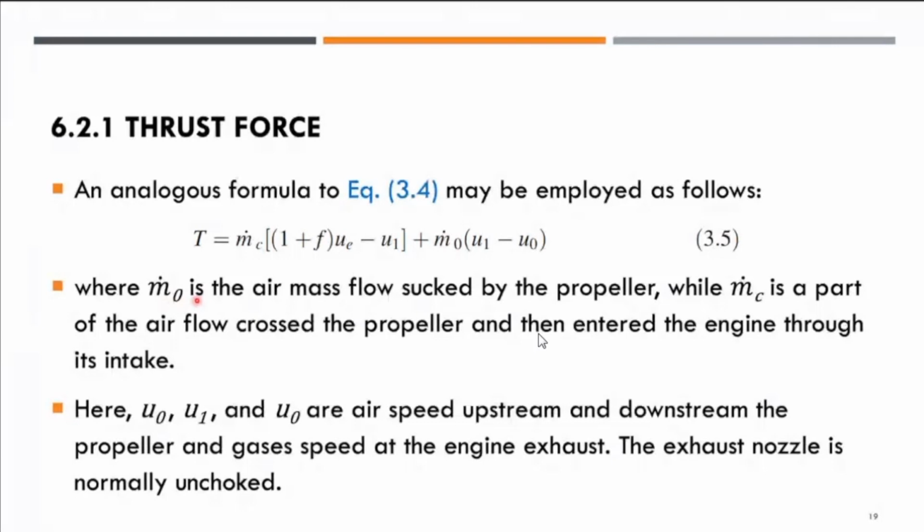The m dot naught is the mass flow sucked by the propeller. M dot c is part of the air flow across the propeller and then entering the engine through its intake. Okay, so u0, u1, and ue, actually, this is not u0, this is ue, are the air speed upstream, downstream, and gas speed at the engine exhaust. Okay, put a note there. This is ue. The exhaust nozzle is normally unchoked.